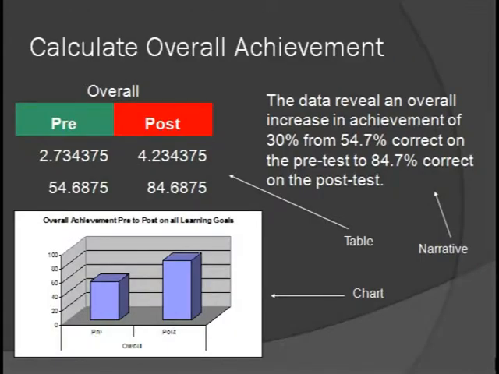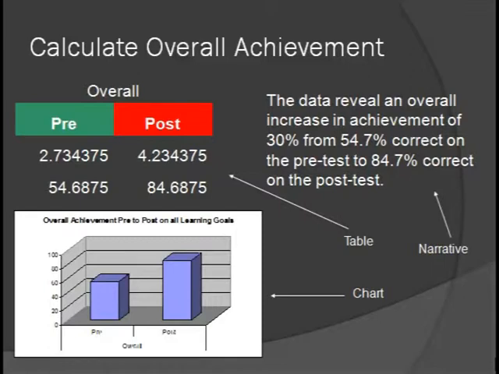Now, looking at the overall achievements, what I've done is I've taken all of those numbers and averaged them for all the pre-test. Came up with 2.7, which is a 54.7%.